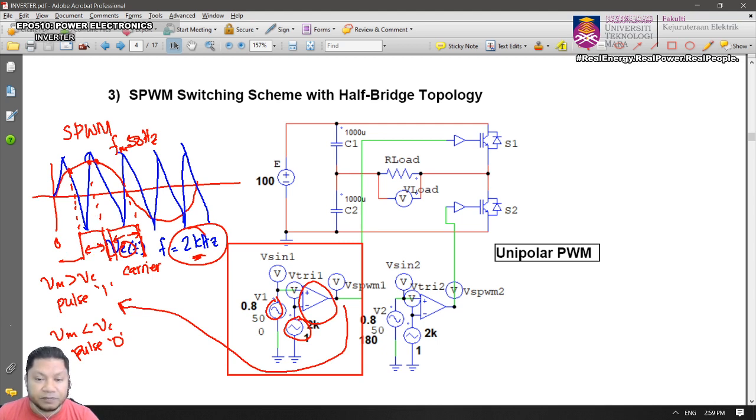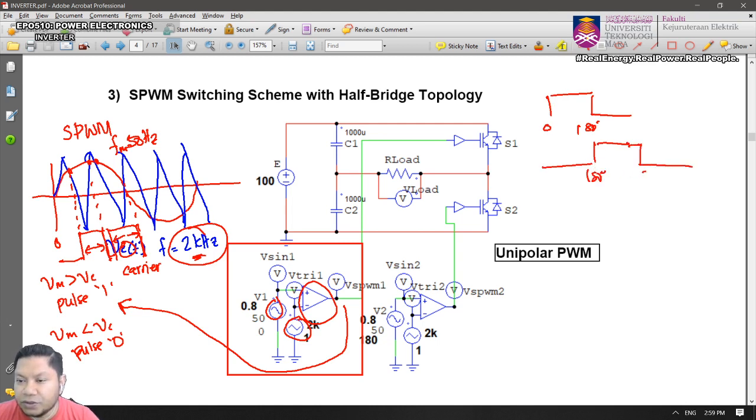constant value, isn't it? For example, for a square wave, you always have the duration of 0 to 180 degrees, and then the next one you're going to have 180 degrees to 360 degrees. So it is always consistent. The duty ratio of the pulse is always 50% and 50% here.